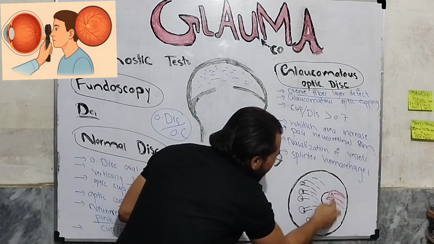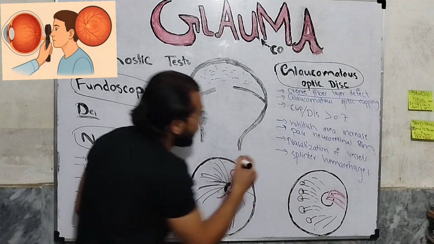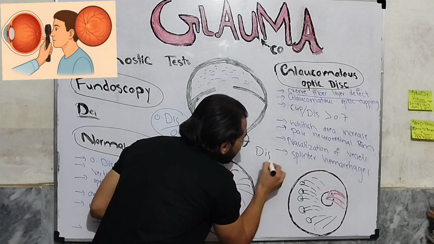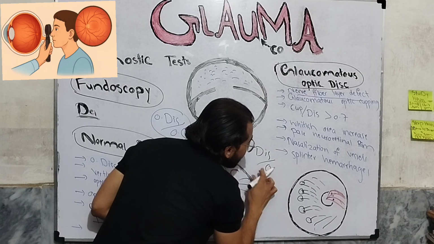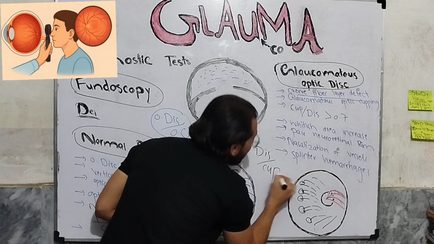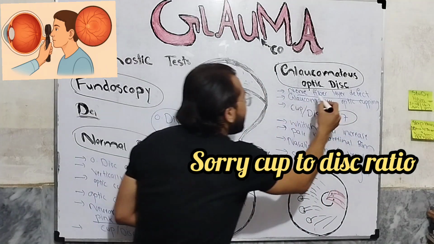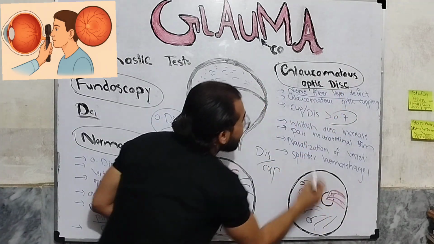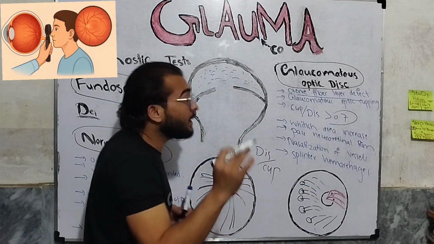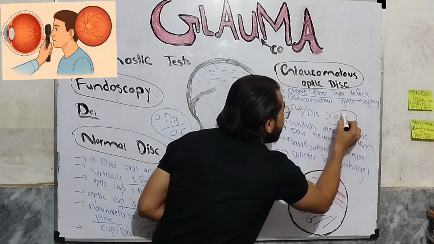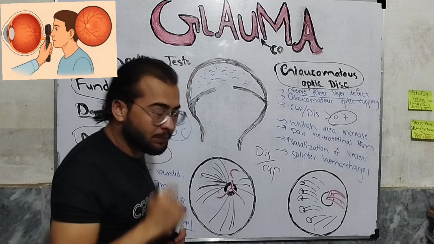With the increased central optic cup, the cup to disc ratio will also increase from the normal 0.7. So first of all, we will have a nerve fiber layer defect, followed by glaucomatous optic cupping, and with the cupping we will have an increase of the cup to disc ratio.